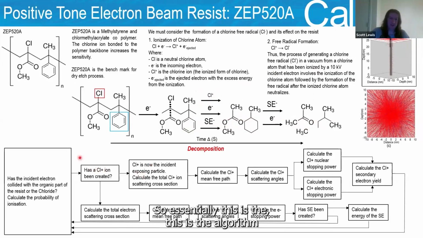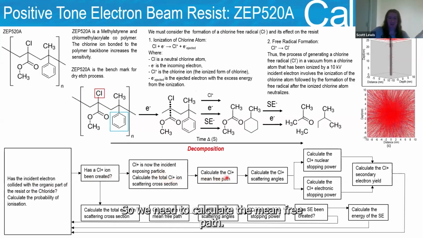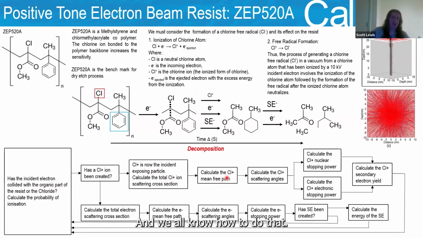So essentially, this is the algorithm which I've written for you here. Has an incident electron collided with a chloride? Yes. Okay, it's now part of the exposing particle as well. So that's now an ion. So we need to calculate the mean free path, and we all know how to do that because we just did it. Calculate the scattering angles. We know how to do that.